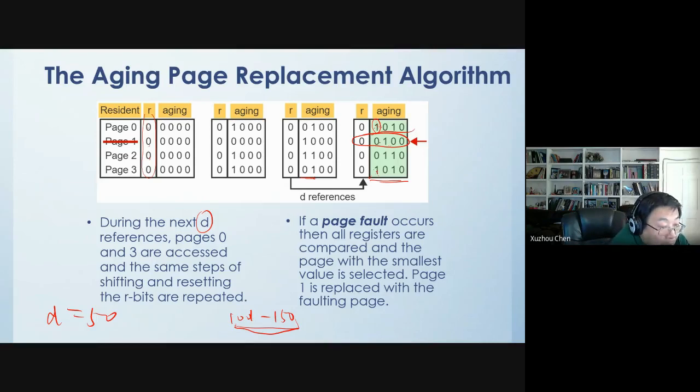If there's a 0, it's actually smaller than the bit with 1. That's why we keep pushing the bits to the right, and the most significant bit in the aging register always keeps the reference. If it's referenced, then that number is always bigger because the value is going to be 1 over here.